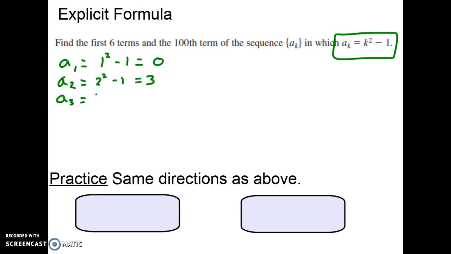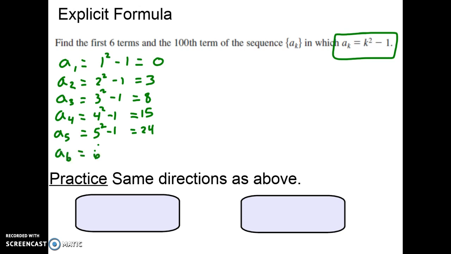A of 3 just means we do 3 squared, which is 9, minus 1, so we get 8. A of 4, so we have 4 squared, which is 16, minus 1, that's 15. A of 5, that is obviously 5 squared, which is 25, minus 1, that's 24. And a of 6, 6 squared is 36, minus 1, that's 35.